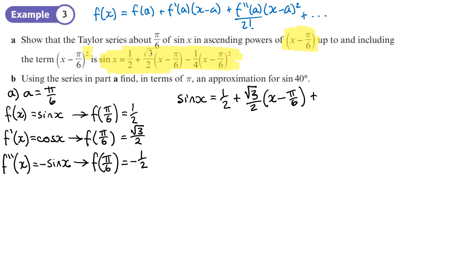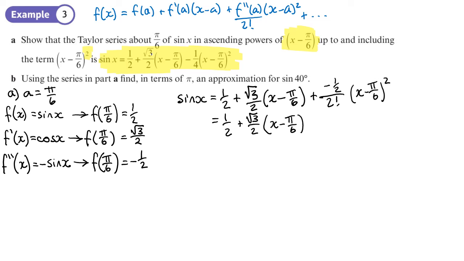Now this is actually going to be minus a half, so let's just put minus a half here, divided by 2 factorial. So maybe I will write it like this: plus minus a half over 2 factorial times x minus pi over 6 all squared. Now I've left it like that because I need to show that it gives a certain expression anyway, so I'm going to have to simplify it. So half plus root 3 over 2 times x minus a, that's fine, that doesn't change.